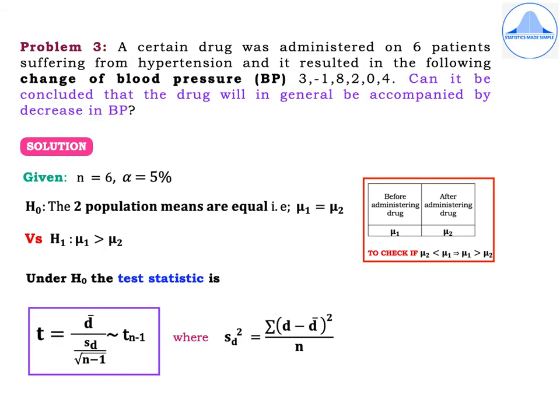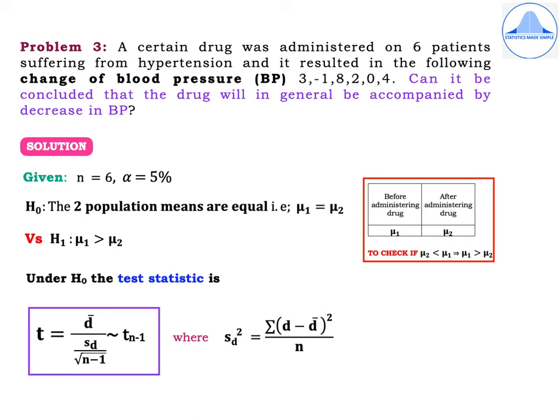Problem 3. A certain drug was administered on 6 patients suffering from hypertension and it resulted in the following change of blood pressure, that is 3, -1, 8, 2, 0 and 4. Can it be concluded that the drug will in general be accompanied by decrease in BP? Solution. Given n is equal to 6 and alpha is 5%.